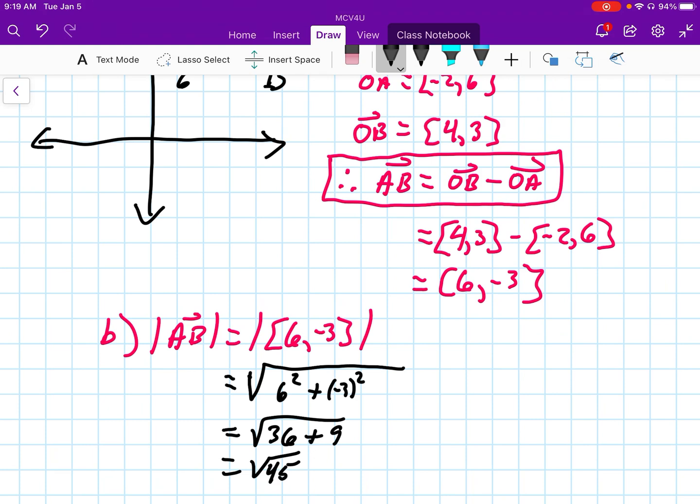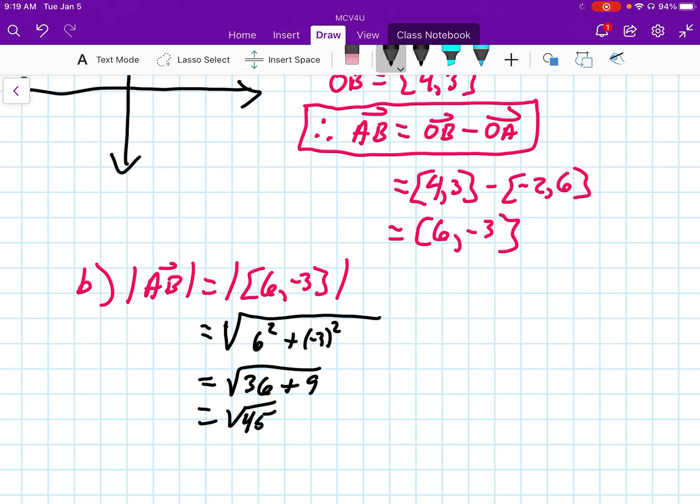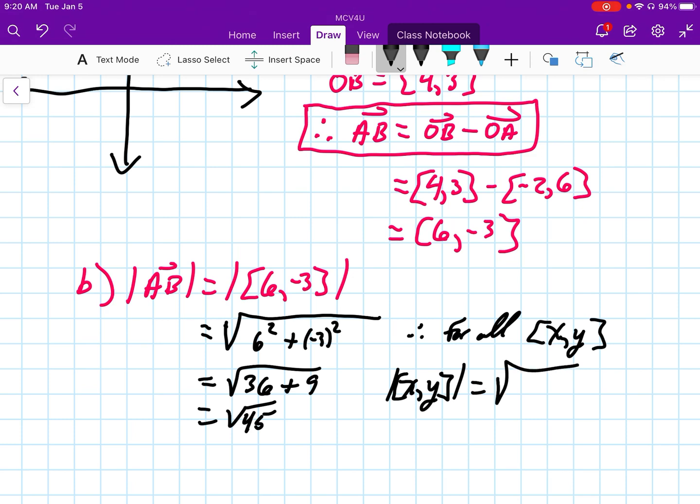So the magnitude of a position vector, we can say, therefore, for all vectors x, y, the magnitude of x, y is equal to the square root of x squared plus y squared, just by using the Pythagorean theorem.